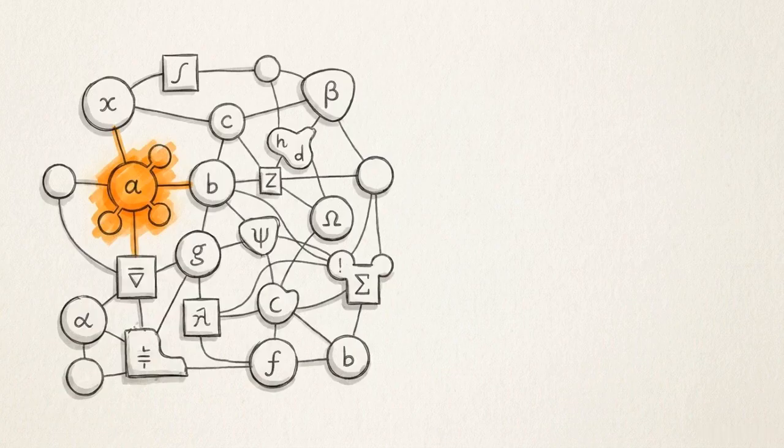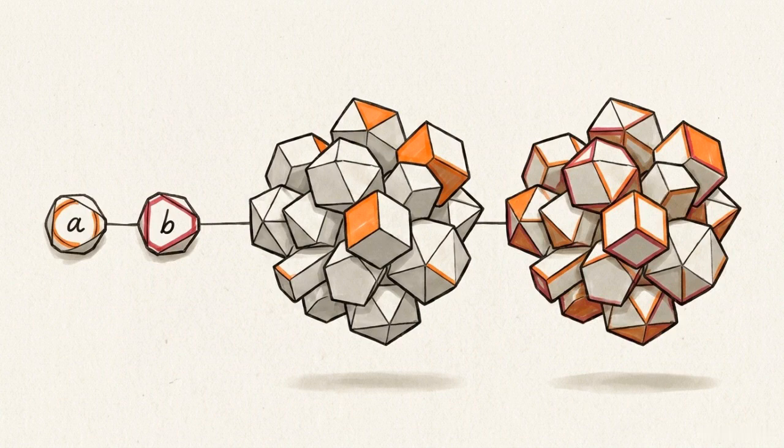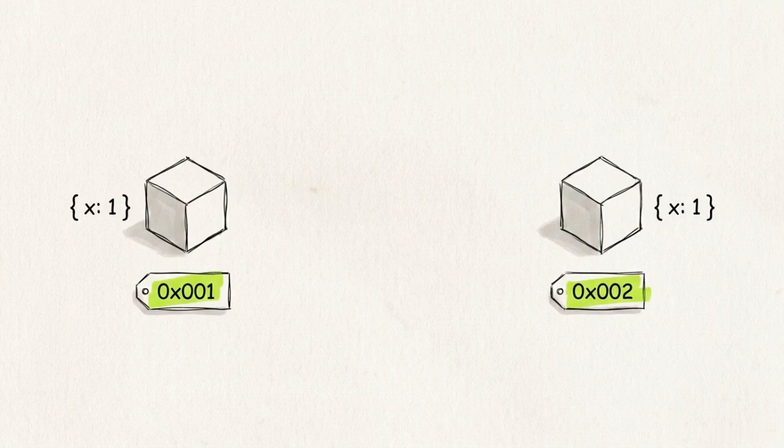Watch what happens during a live variable assignment. If we declare let A and assign it an object containing x equals 1, and then declare let B and assign it an identical-looking object with x equals 1, the engine allocates a completely new, distinct memory address in the heap for that second object.